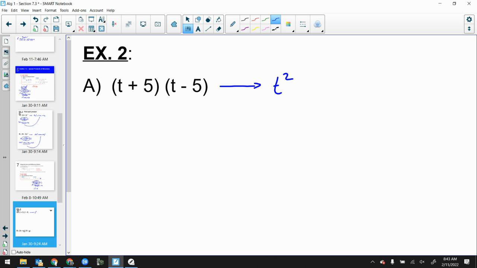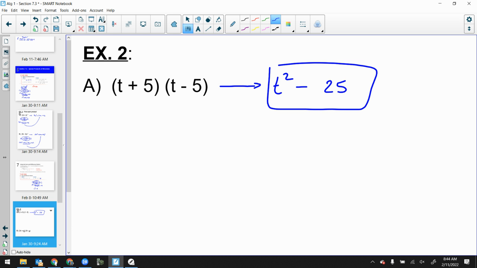What's my last term squared? 25. And you just put a minus sign. Done. That's again called a difference of squares. Now, it had to be in this setup. What was the setup again? The exact same binomial. The only difference is one's a plus, one's a minus.